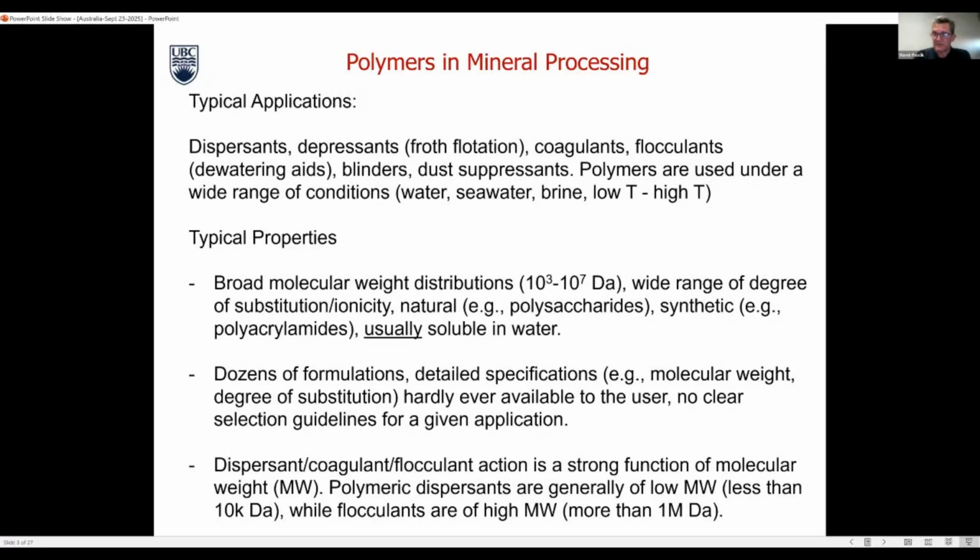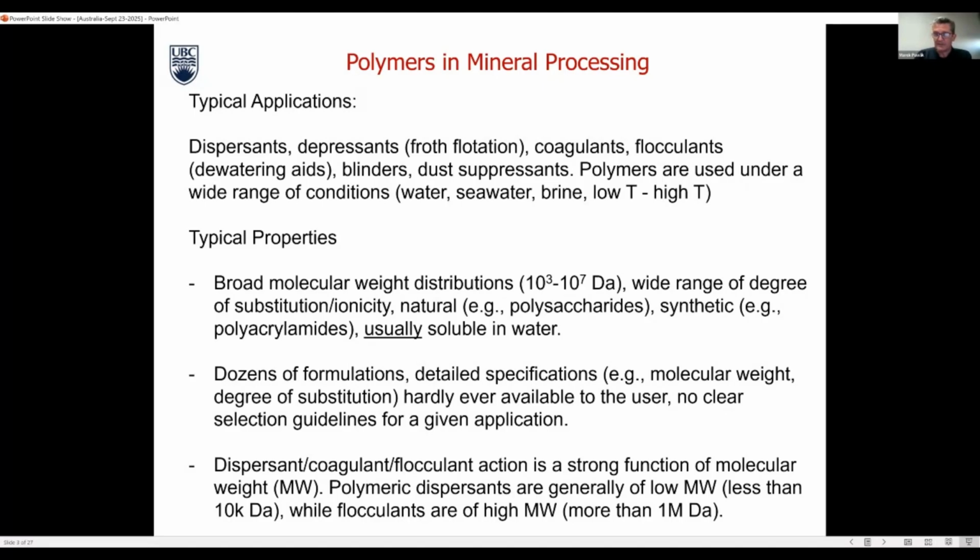So degree of substitution, similarly, it's very difficult to find what that number is. We'll talk a little bit more about it in a minute. They are typically vaguely specified in data sheets as weakly anionic, moderately anionic, maybe highly anionic, but you will never get an actual number, which is something we looked at as well.